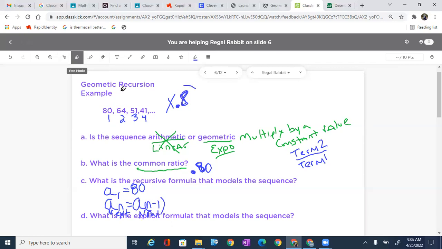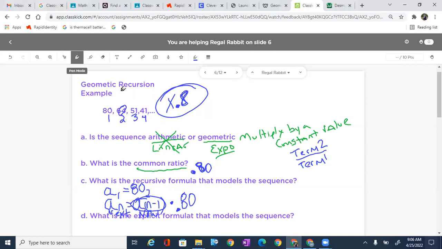And what do we do to it? We multiply by 0.8, so I'm going to say times 0.8. All that means is in order to get to the next point, we take the 80, slide the whole value right here, and say 80 times 0.8, and that gives us 64. And we'd follow that pattern.